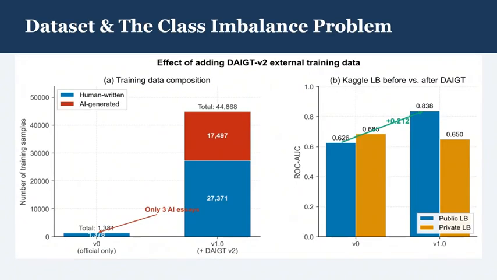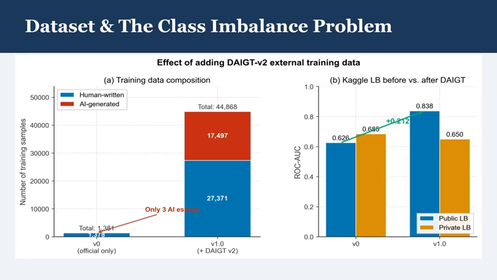The official training set contains only 1,381 essays, and critically, only 3 of them are AI generated. This extreme class imbalance makes it nearly impossible to train a useful classifier on this data alone.